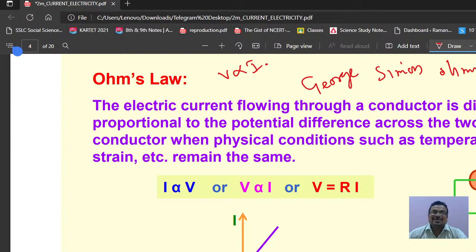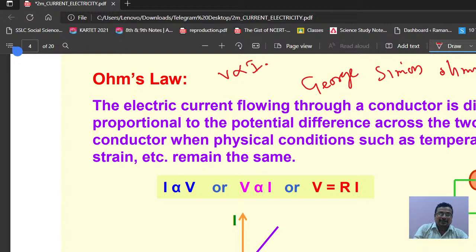It is very easy to understand. If we look at a bulb, if the voltage increases, naturally the brightness increases, and the current also increases. So George Simon Ohm in 1827 explained the law that is called Ohm's law.